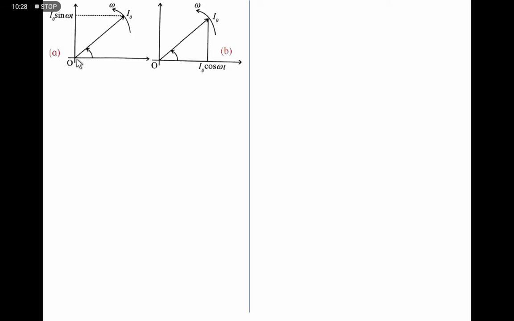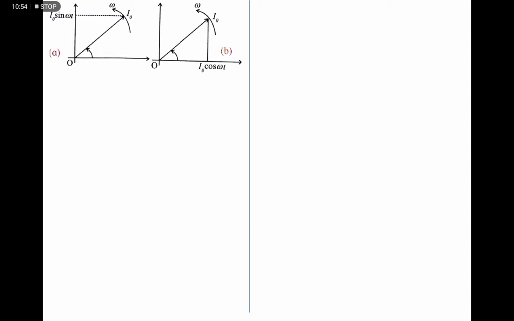On y-axis the current, and on x-axis the EMF generated. Or current, it separates into two components. One component is along x-axis, one component is along y-axis.